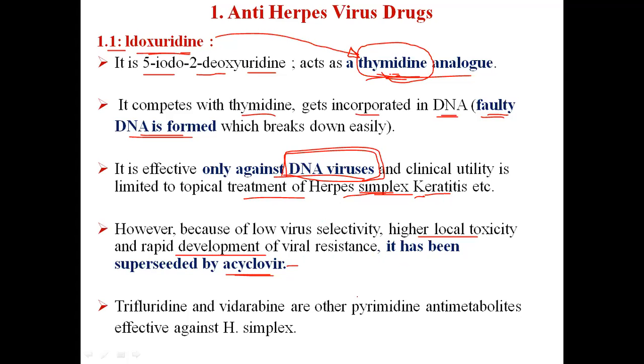Now trifluridine and vidarabine are other pyrimidine antimetabolites effective against herpes simplex virus. These are two more examples, trifluridine and vidarabine, which act like iodoxuridine. Both are called pyrimidine antimetabolites. Pyrimidine is what?